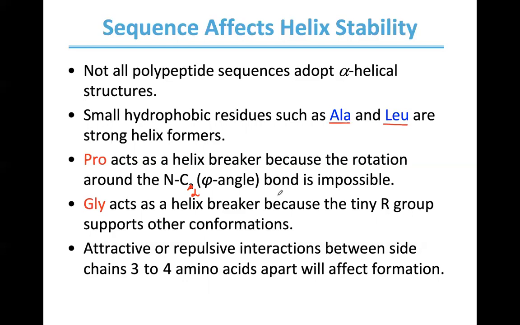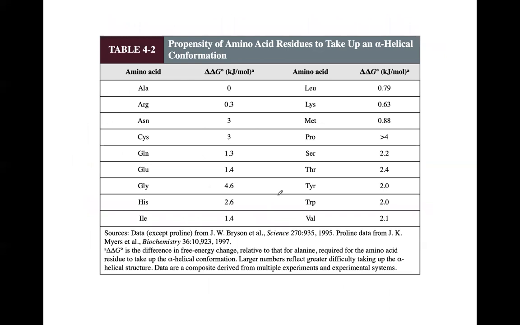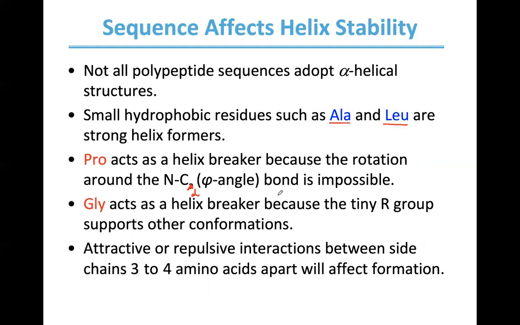It won't allow rotation. So proline, I think you have the numbers here. Maybe later, we'll look at the actual numbers. But because the proline cannot rotate, it's a helix breaker.